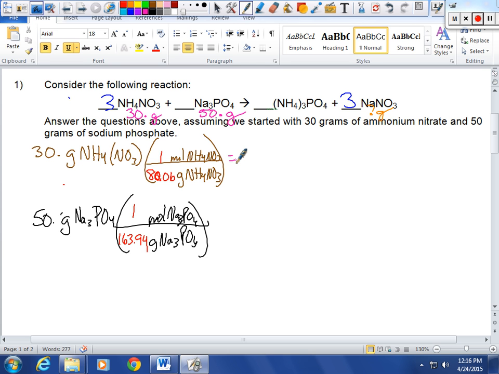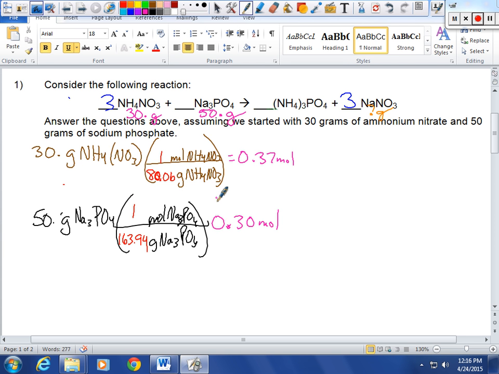Say that again? Oh, I thought you said 137. 0.37 moles. Now I'm going to leave off the other compound because I don't honestly feel like writing it again. I got the bottom one. 0.30, very good. So 0.30 moles.